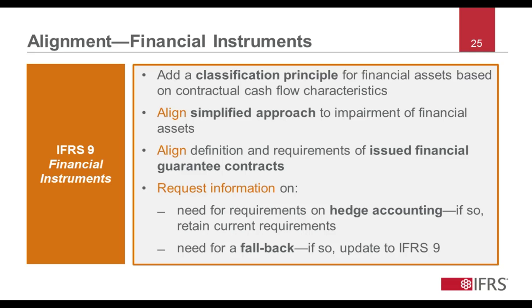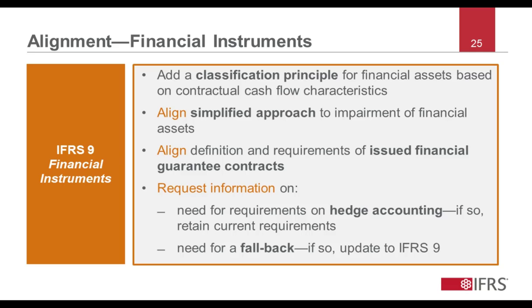One of the things the board also had to address was the Q&A. So as Yusuf mentioned earlier, the SMEs issues answers to questions it received. During the period between the first and second comprehensive review, the SMEs has issued an answer to a question on issued financial guarantee contracts. So this is where one entity guarantees the liabilities of another entity. And the IFRS for SME standard doesn't have any requirements at the moment, and it doesn't include a definition.